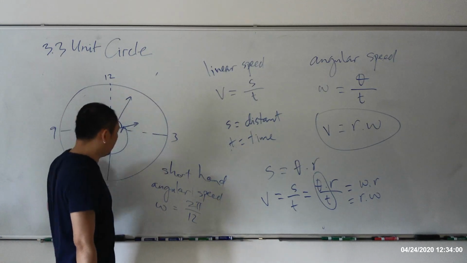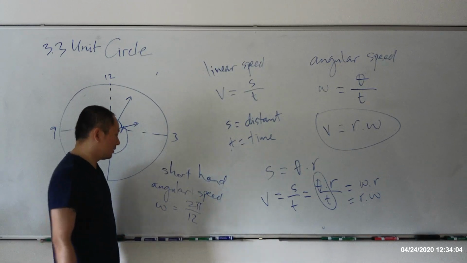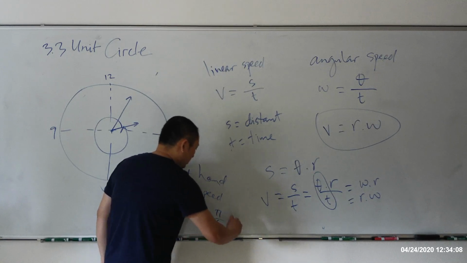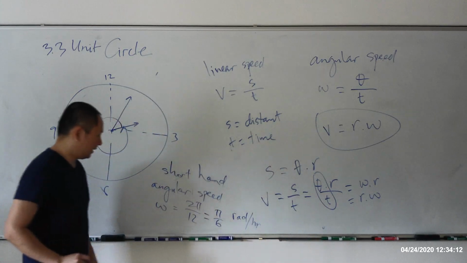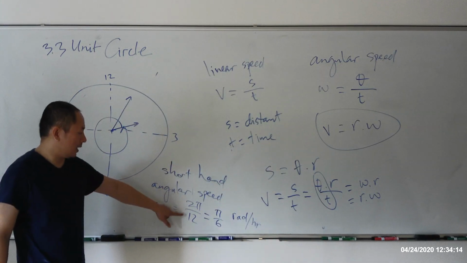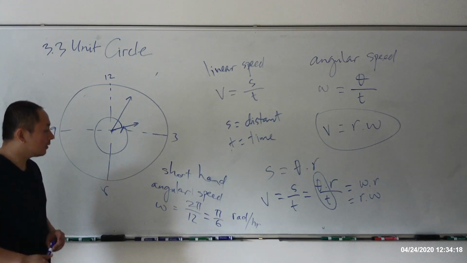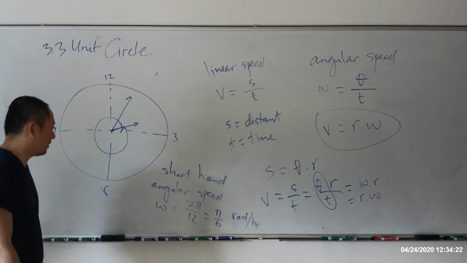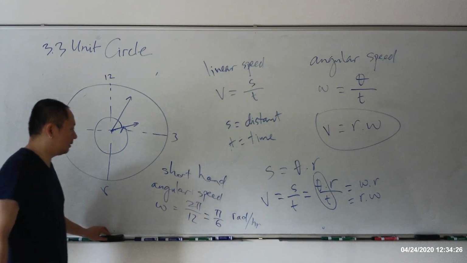How long does it take for the short hand to travel the entire circle? 12 hours. So 2 pi over 12, which is pi over 6. This is radian per hour. Right? 2 pi is in radian, and the time is in terms of hour. Is that right? And of course, if you want to change to decimal, pi is 3.14159, and you have the speed. Okay?